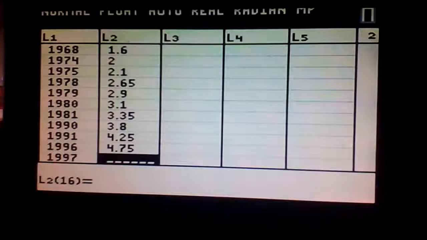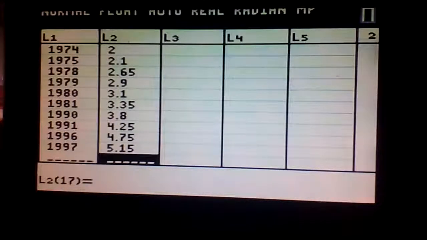Alright, that's it. Okay. I know it's not a pattern for the years. Is it?